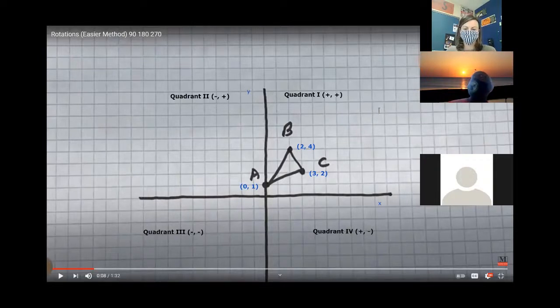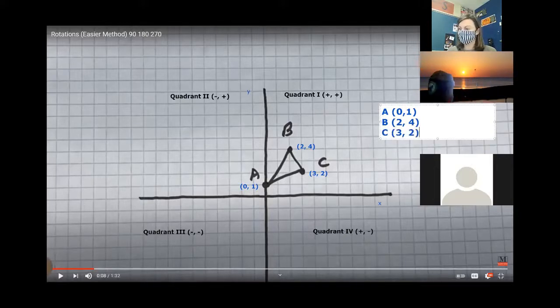So I have A is 0, 1, B is 2, 4, C is 3, 2. As always, this is what I start with. So that's my original.